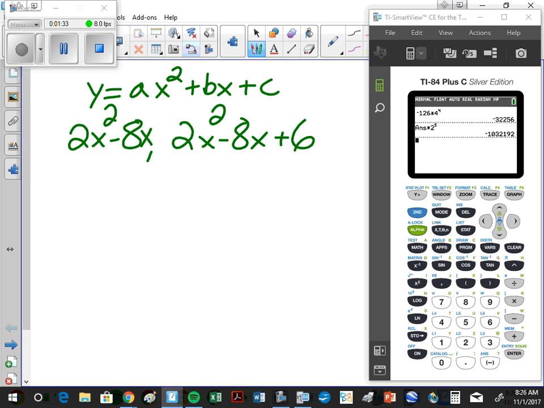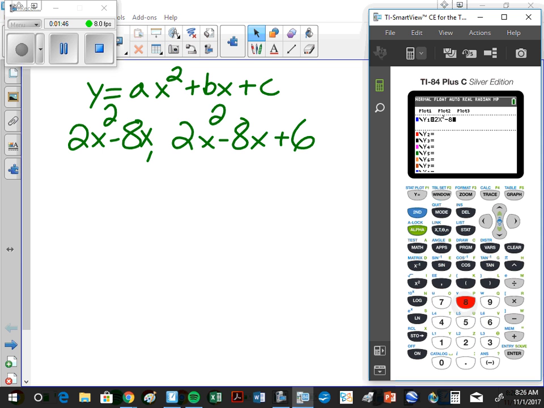Everybody push y equals, and then type in those two equations. And then graph them.